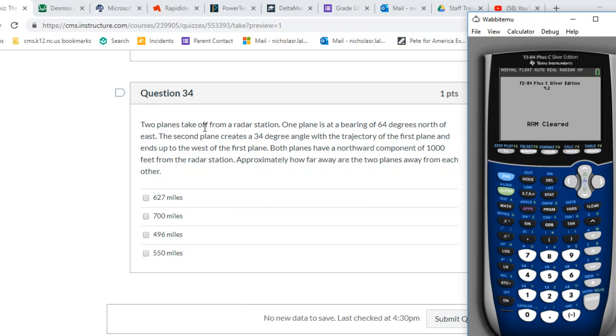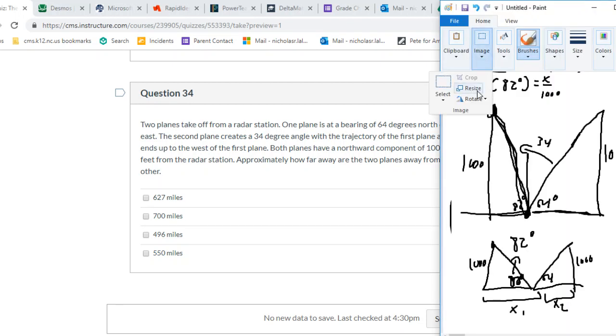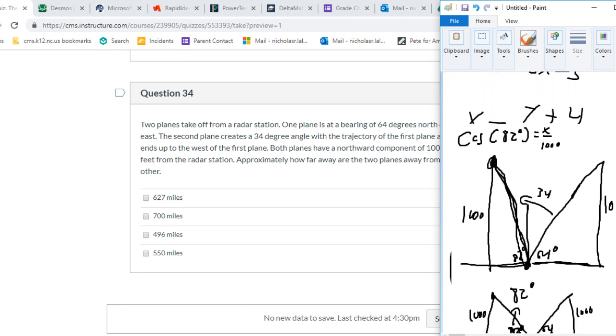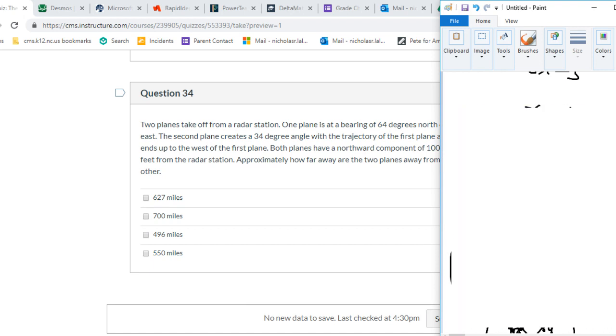You have a bunch of right triangles here. So you have a 64-degree angle, height of 1000.